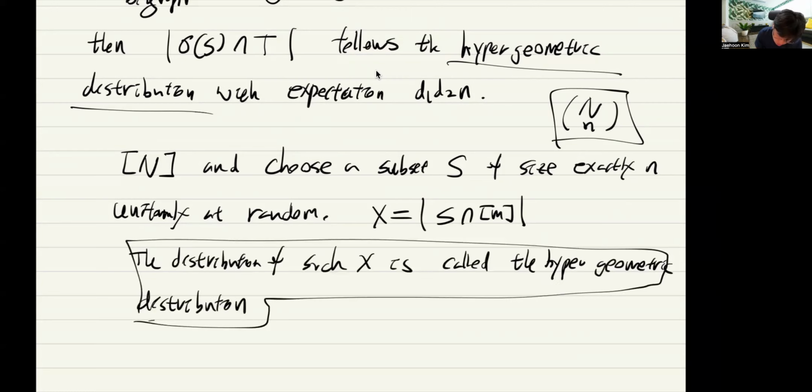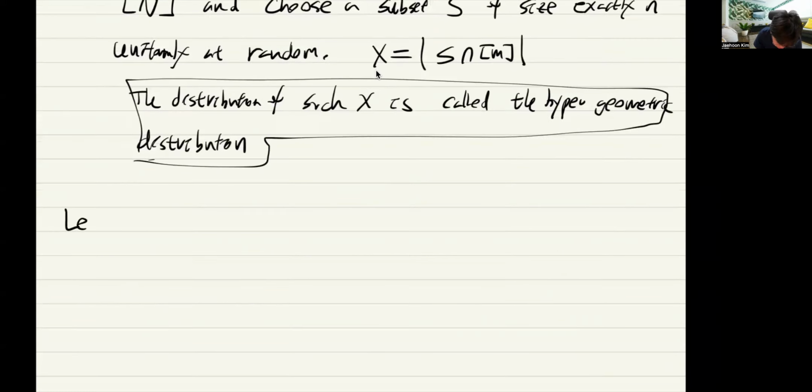And we know that the Chernoff bound also applies for the hypergeometric distribution.